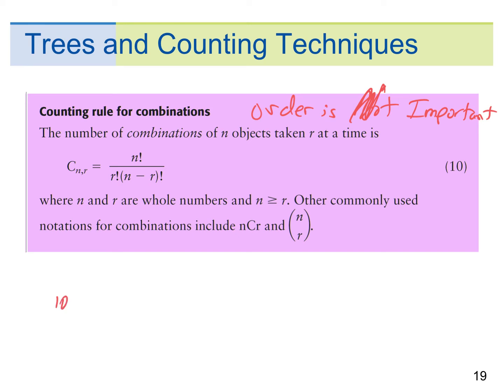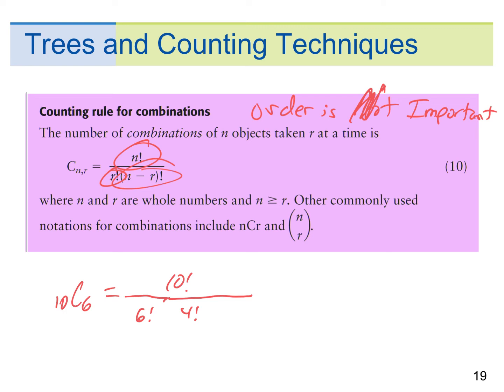So if I was going to do 10C6, look at the formula. It says I want the bigger number on top factorial, I want the smaller number on bottom factorial, and I want the subtraction of them factorial. Okay? A little more work. Do you agree? But what am I letting you do?